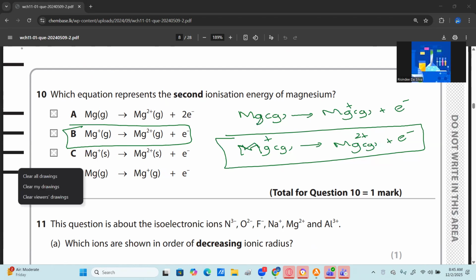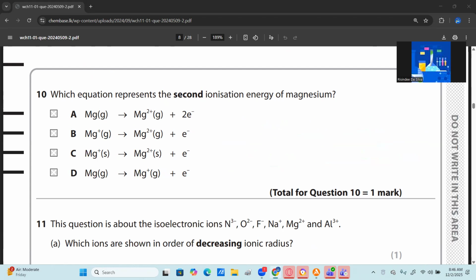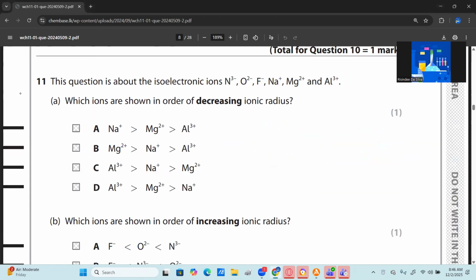Then the 11th one. This question is about the isoelectronic ions. So isoelectronic means, children, they should have the same number of electrons. So if you take sodium, magnesium, and aluminium, all three will have the same number of electrons, but the number of protons will increase by 1 each.